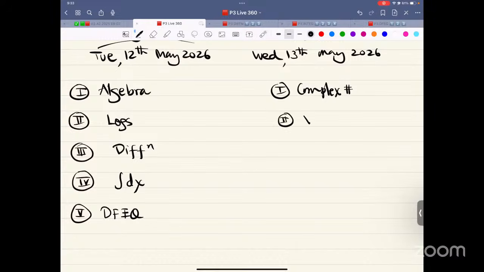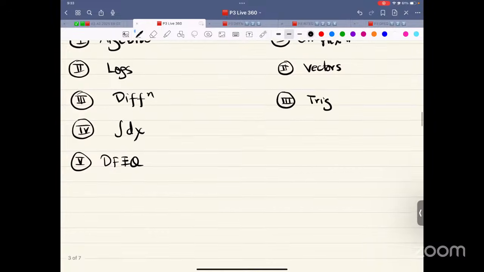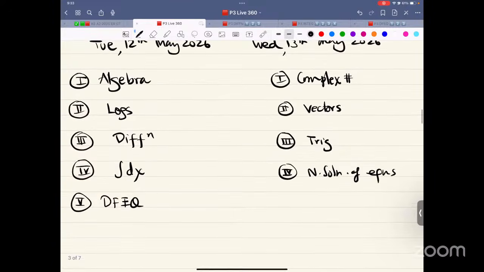Next thing will be vectors. Third thing I'll focus on that is trigonometry. And fourth thing, that would be numerical solution of equations.